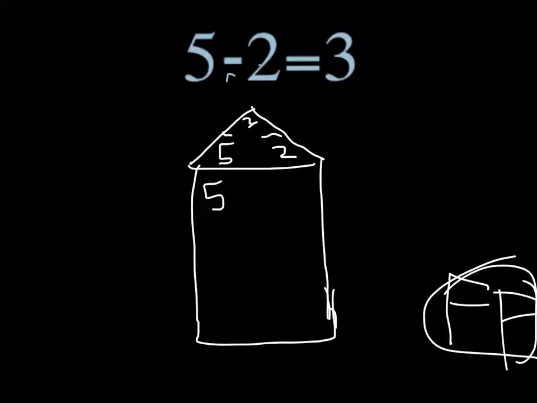Okay, so here we go. First, I write 5 minus 2 equals 3. Oh, you know what? This would be much easier. And then I go 5 minus 3 equals 2.